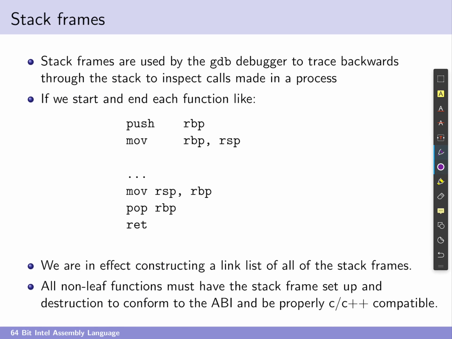Now the stack frame is largely used by the GDB debugger to allow us to trace backwards through the stack and inspect calls made in a process. So say for example you got a bug or something went wrong in your code 5 function calls deep. How do I go back and inspect the local variables of the different functions?